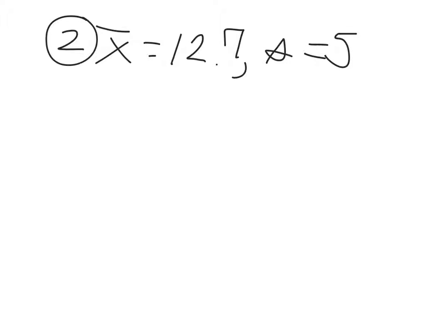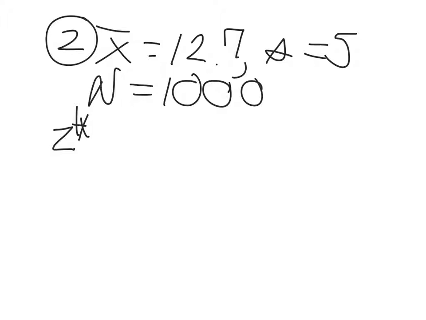So step 2, what do we know? What's X bar? X bar is 12.7. S is 5. Okay? And N is 1,000, referring to the 1,000 internet users.